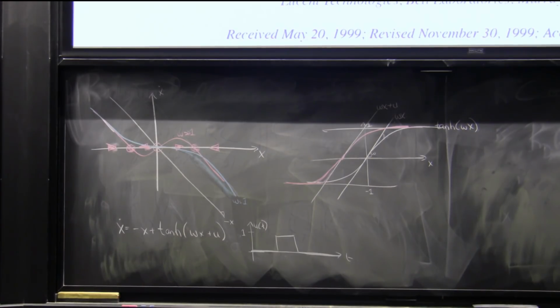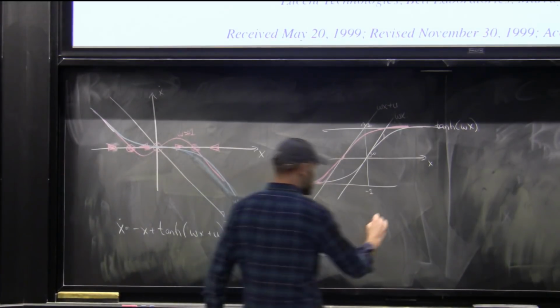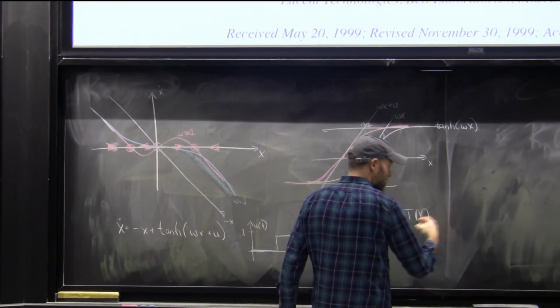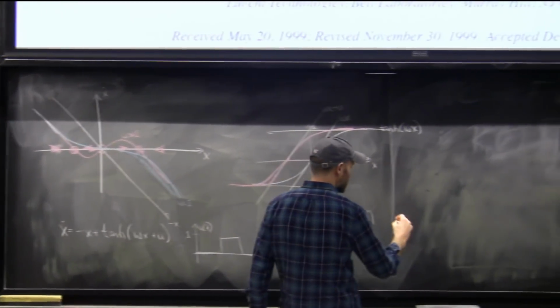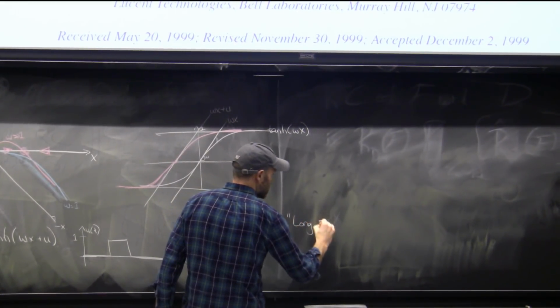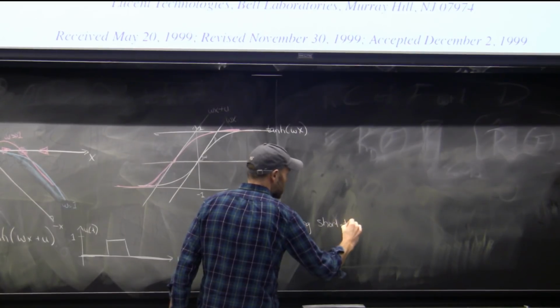If you know the LSTM literature, I guess I didn't write it down for the people that didn't raise their hand. LSTM is long short-term memory. It's a recurrent neural network. It's the type of neuron you'd put in your artificial neural network.